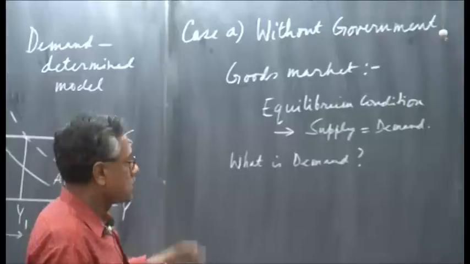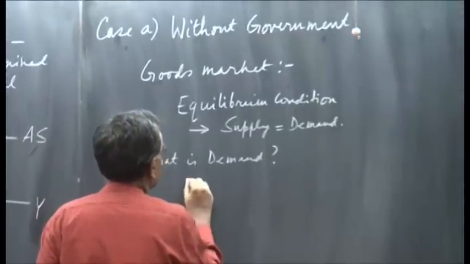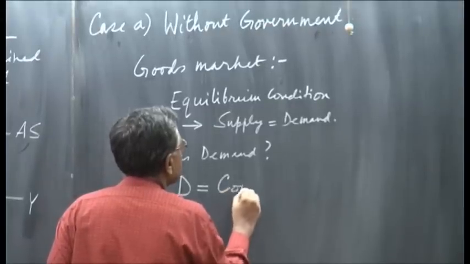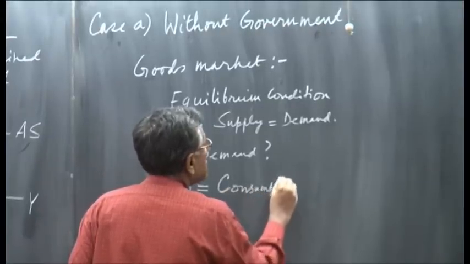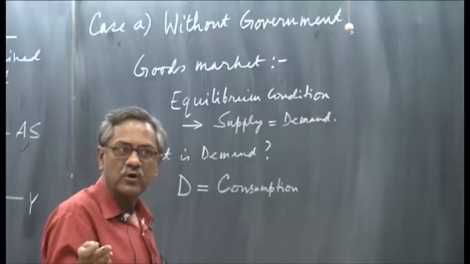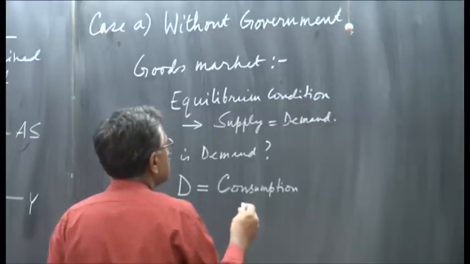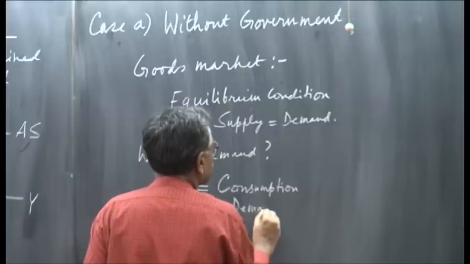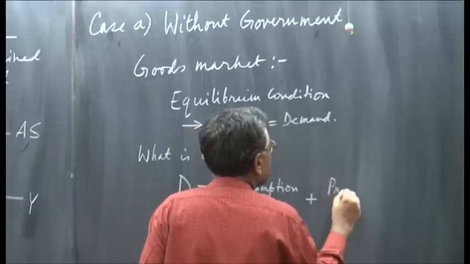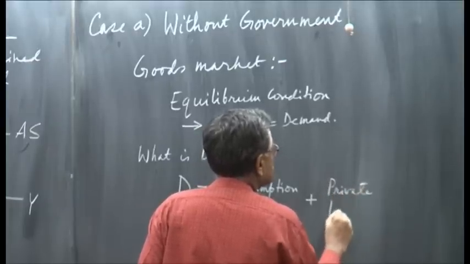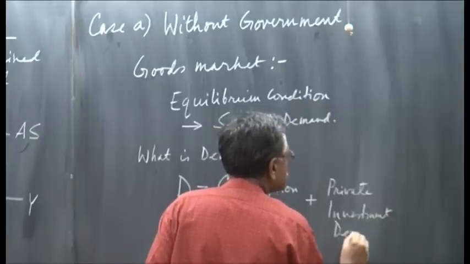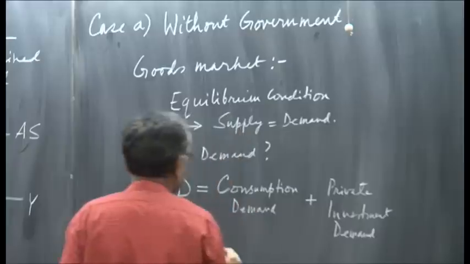With no government, demand, say call that D, is equal to consumption demand, which is the expenditures you incur on consumer goods, measuring the demand for consumer goods, plus private investment demand.